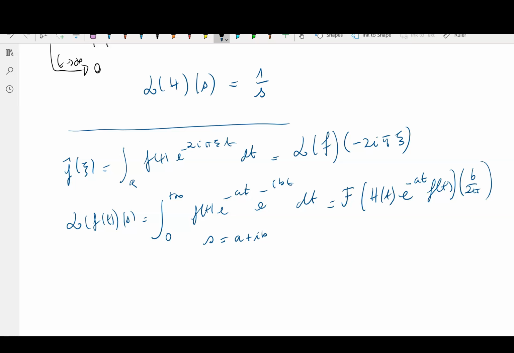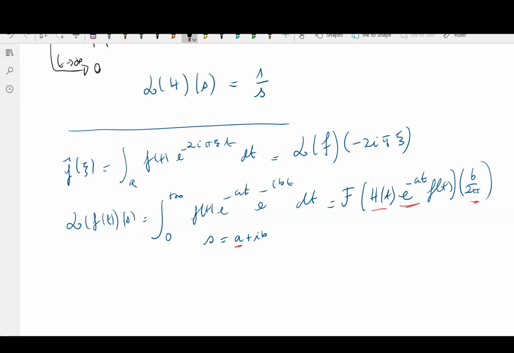So what can we get from that? The Laplace transform for the real value of s equal to 0: when a is equal to 0, that means that the exponential is equal to 1. And if your function was only defined on positive numbers, if you have your h of t in front of that, it's going to take the same values, just a scaling of the same values as your Fourier transform.